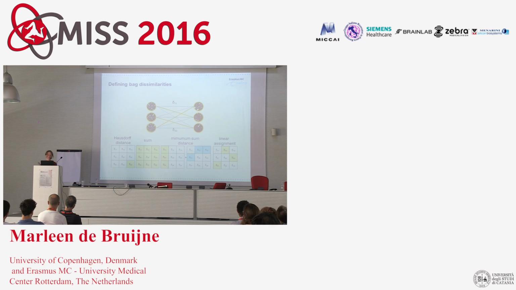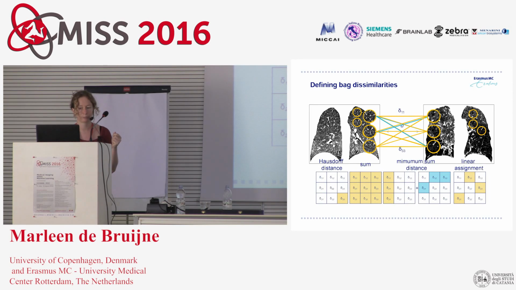Another one that I liked a lot is a linear assignment. It only works well if we have the same number of instances in both images, which we can do here because they're just random samples. We want to pair disease and normal as well as possible.